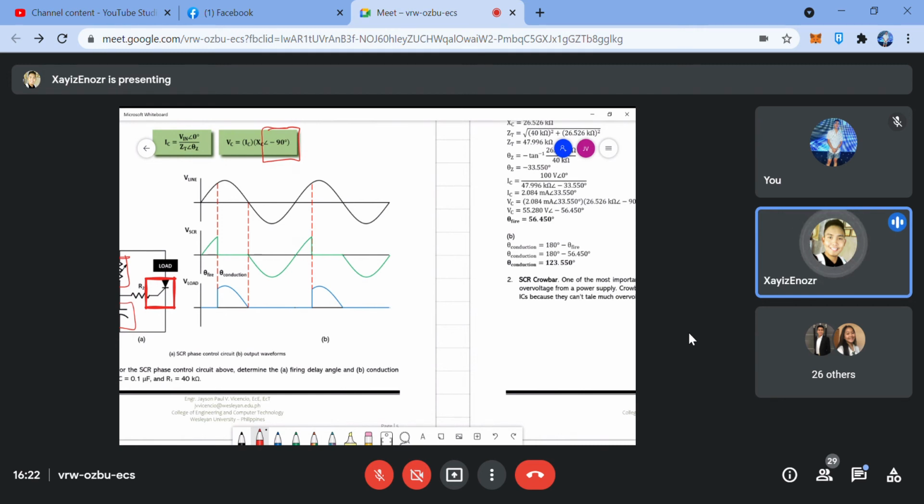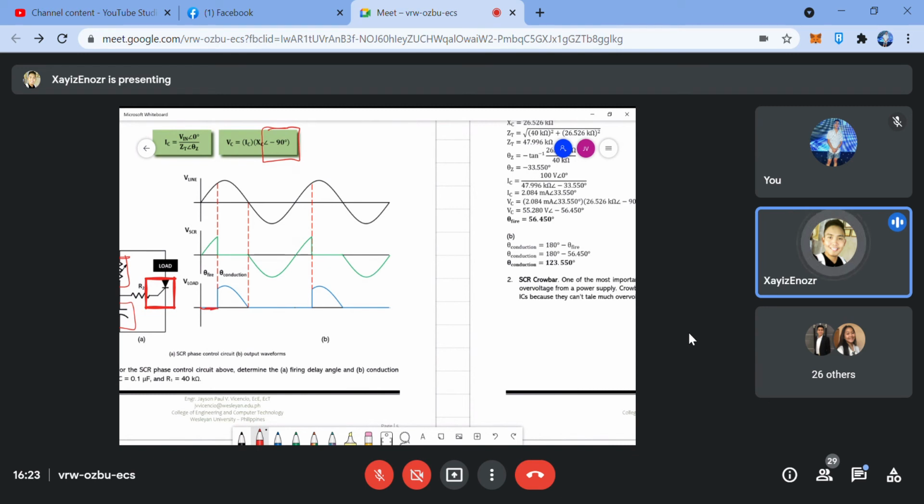Then, kapag kinuha mo naman yung voltage sa load, okay, ito na ngayon yung magiging output waveform mo. Kung mapapansin nyo sa waveform nung sa load, kapag ang SCR ay hindi pa nagta-turn on, ang mangyayari is wala kang makukuha sa load. Zero voltage pa lang.